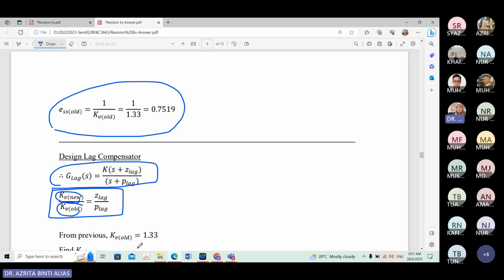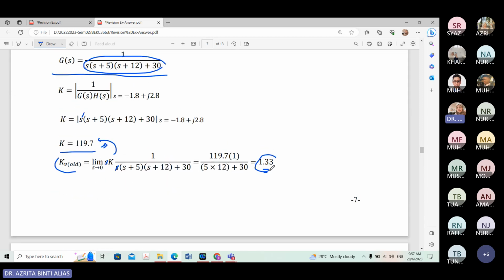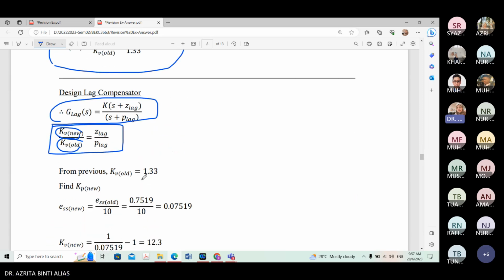Okay, KV old is already found from question A. So here we already have KV old, or the KV of the uncompensated system, which is 1.33. Next we need to find the KV new. Typing error, KV new.